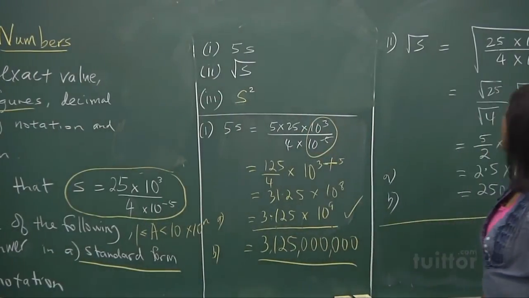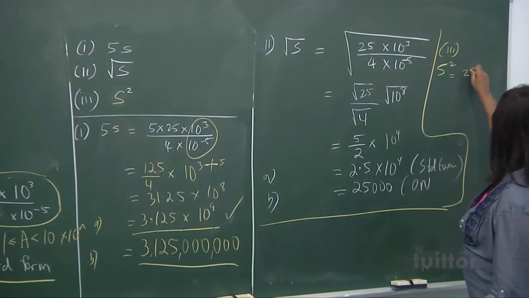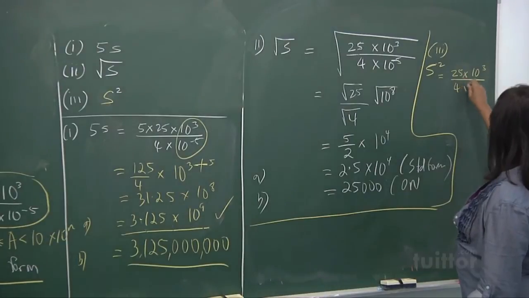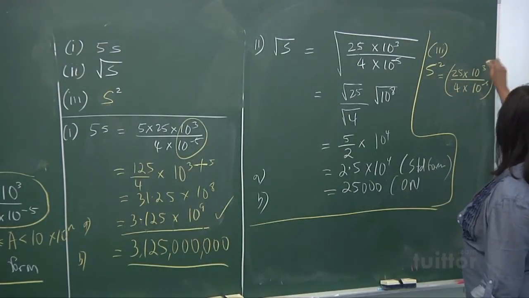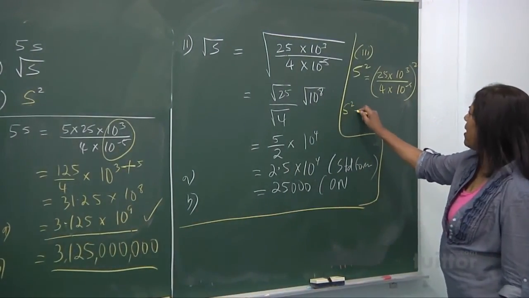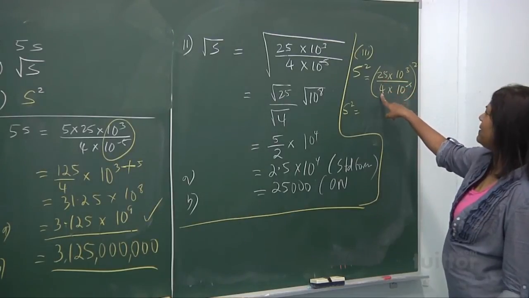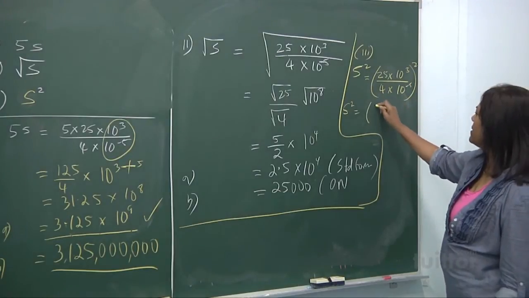So look at s again. S is equal to 25 times 10 to the power 3 over 4 times 10 to the power minus 5. And you want to square this up. So simplify your s first. 25 divided by 4 is actually 6 1/4.